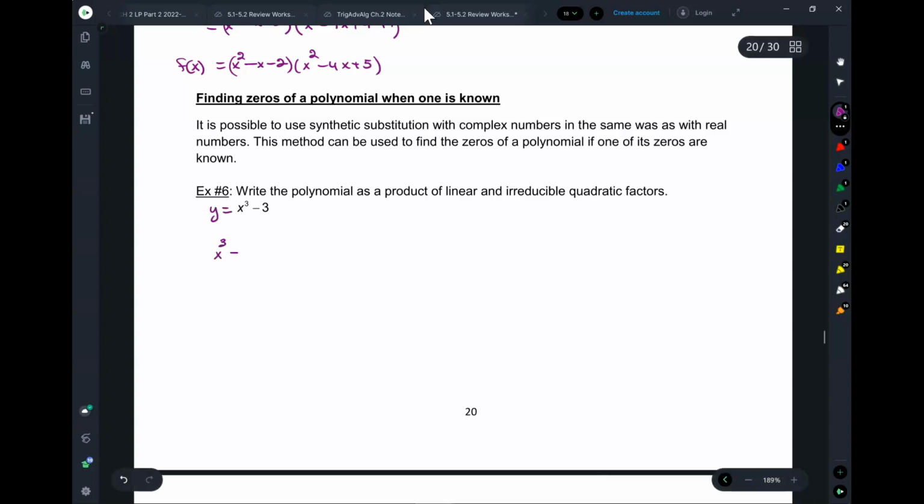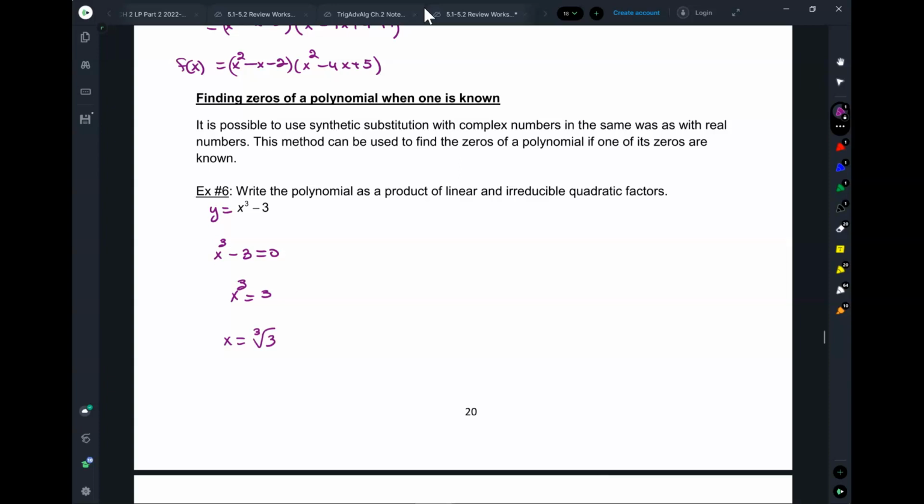But basically, if you take this and set it equal to 0, what do you get? X cubed is 3. X is the cube root of 3. Right? So the problem is now we have to factor this. But what the heck? You've never had to factor something like this. So how do we do it now? Well, synthetic substitution.